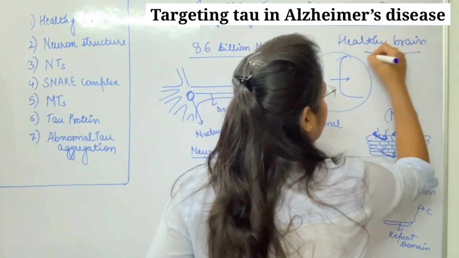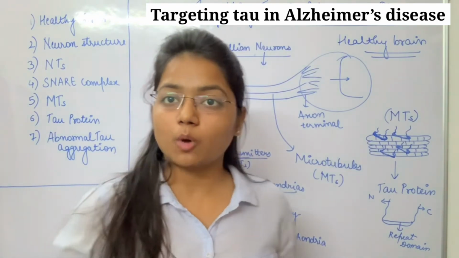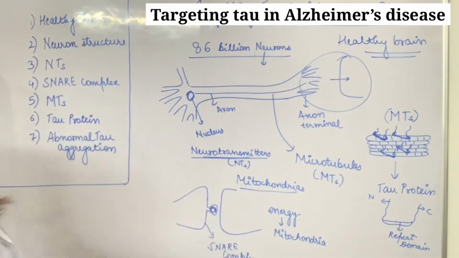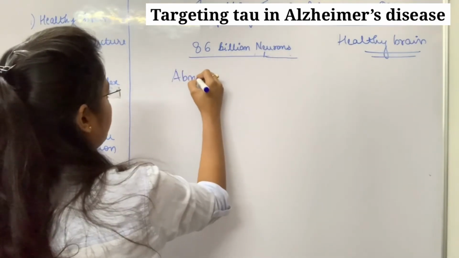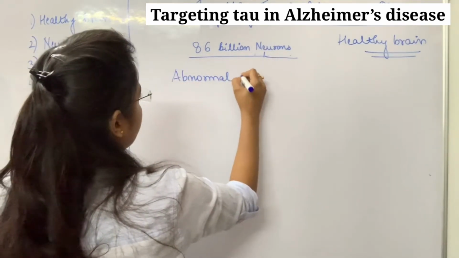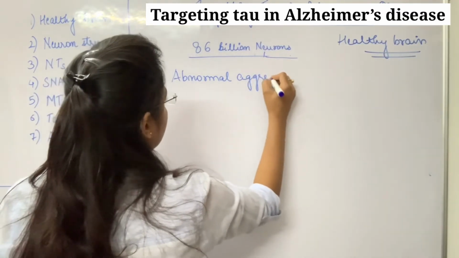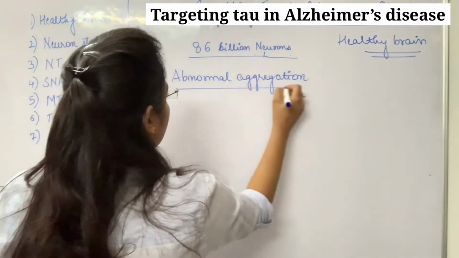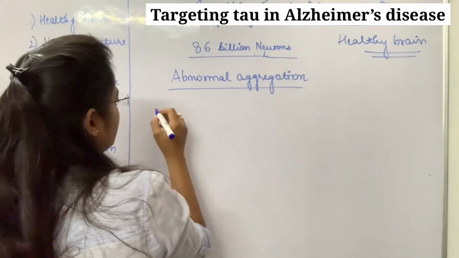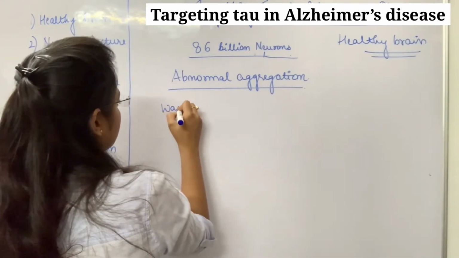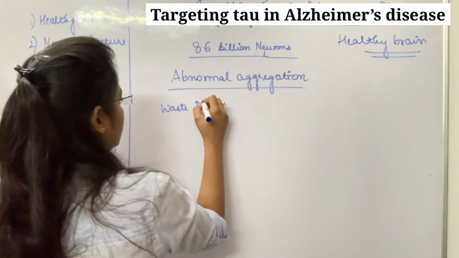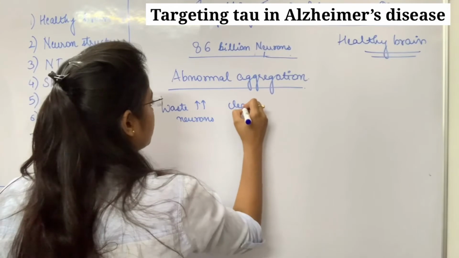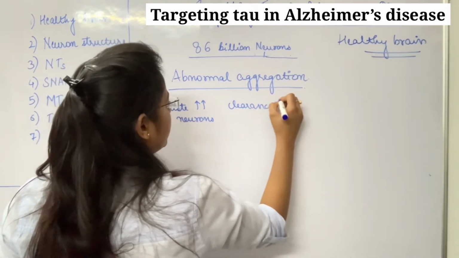Now we'll be discussing what happens in case of an abnormal, or we can say diseased, brain. Abnormal aggregation. Okay. Now due to aging, waste increases in neurons, and clearance of the waste decreases.